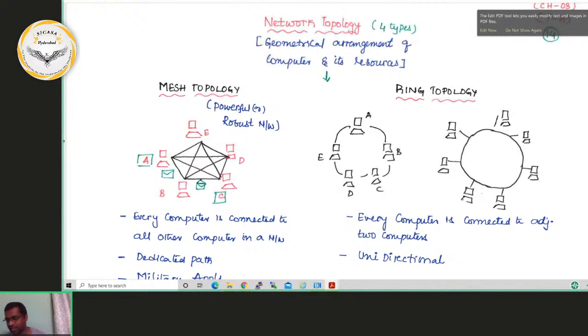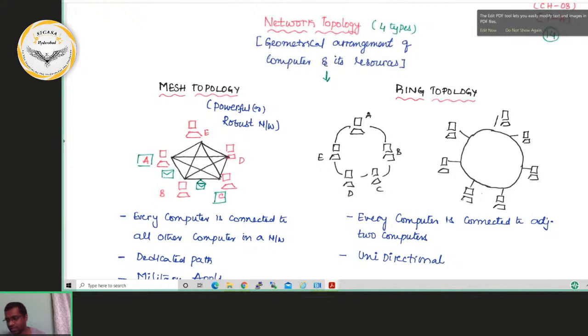Now let us assume A to C path is not working. Can I transmit the data using another path? Yes, I can. I have multiple paths. I can transmit from A, B to C, or from A, E to C. So I have multiple paths for transmitting the data. That is the reason it is called a powerful or robust network, because the chances of errors will be very low.